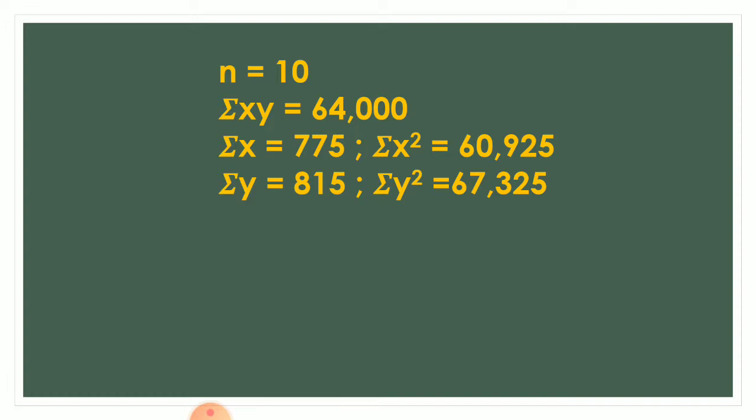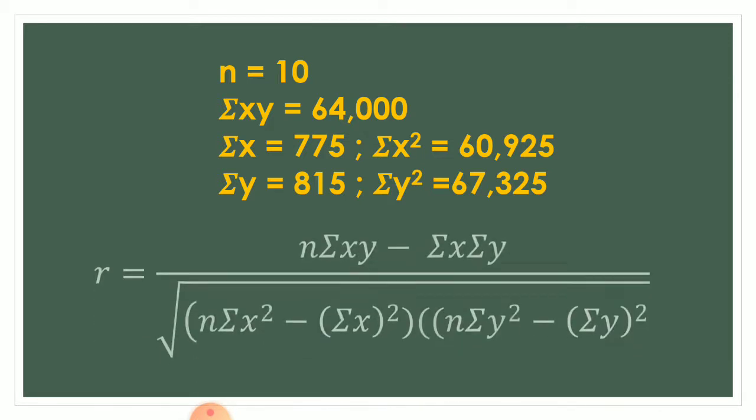So we already have the following values. We have n equal to 10. Summation of xy is equal to 64,000. Summation of x is equal to 775. Summation of x squared is equal to 60,925. Summation of y is equal to 815. And the summation of y squared is equal to 67,325.